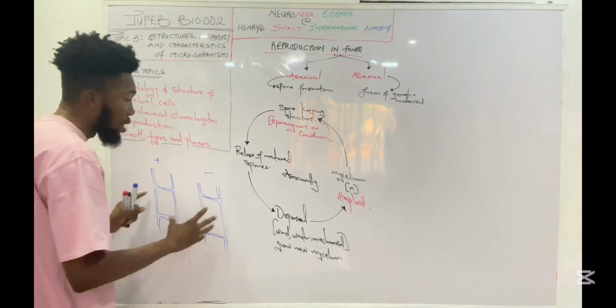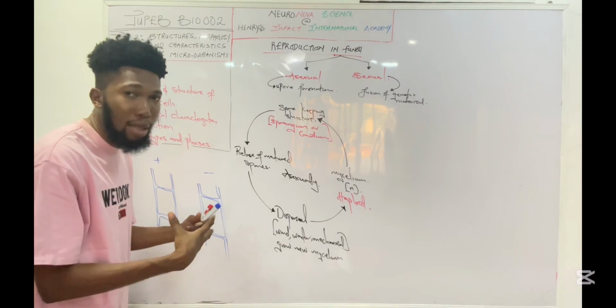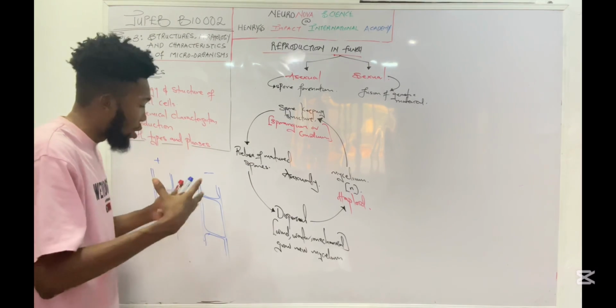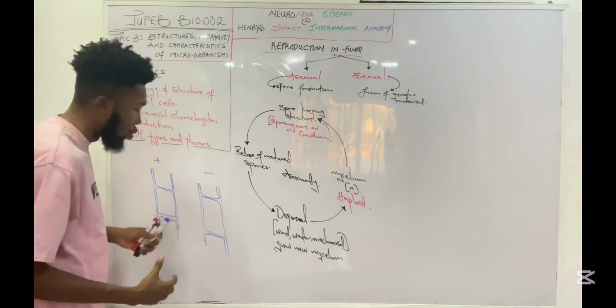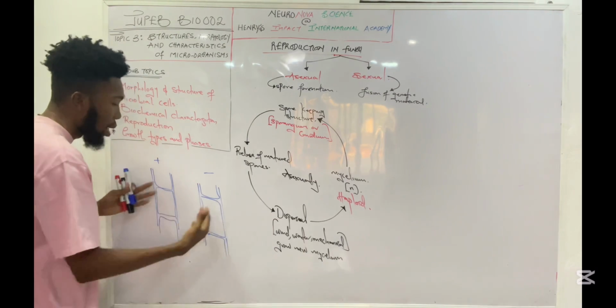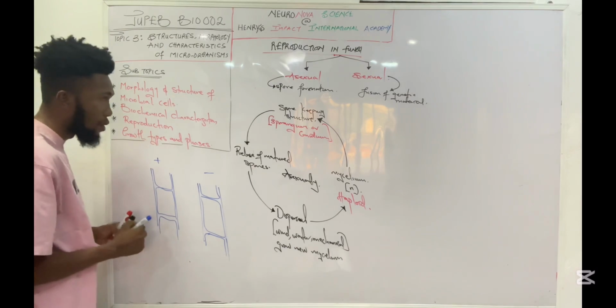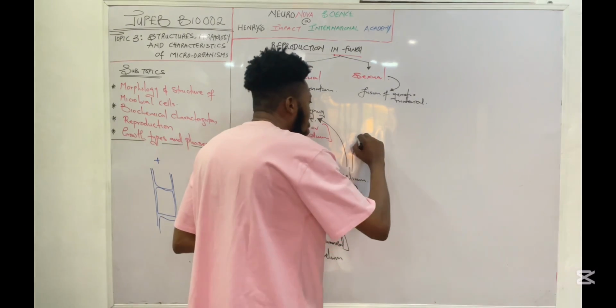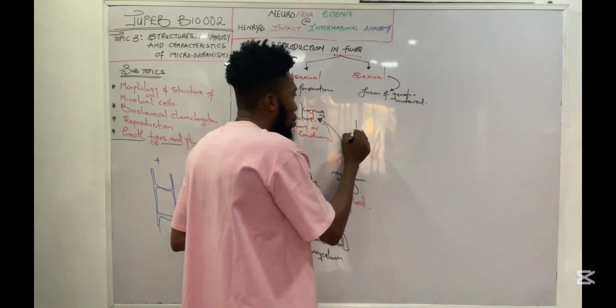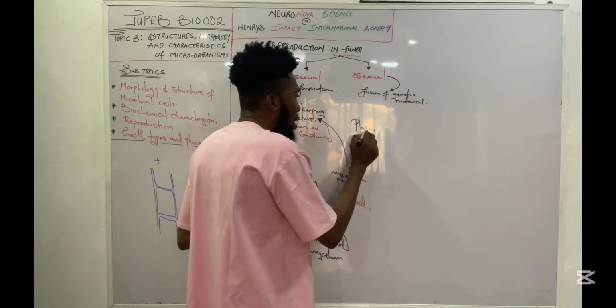I'm not saying that there is going to be actual motility. So there is going to be regional contact, and when they come in contact with themselves, the first thing that will happen is something we call plasmogamy, which was asked two years ago in JUPEB.